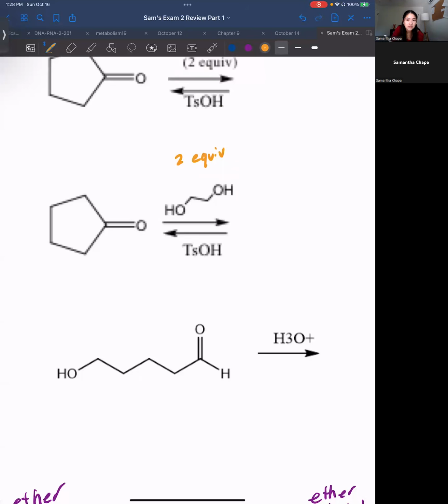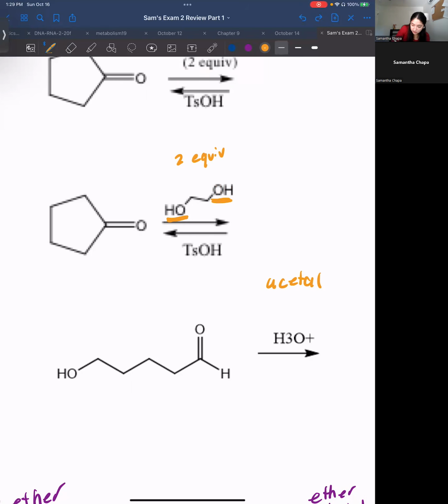We don't see 2 moles of this compound, but we do see 1 alcohol, 2 alcohol, so 2 equivalents of an alcohol. So if I'm just looking at my carbonyl, checking with 2 equivalents of alcohol, we know I'm going to make an acetal. Whereas if we only attacked with 1 equivalent of alcohol, we would make a hemiacetal because there would only be 1 alcohol attacking.